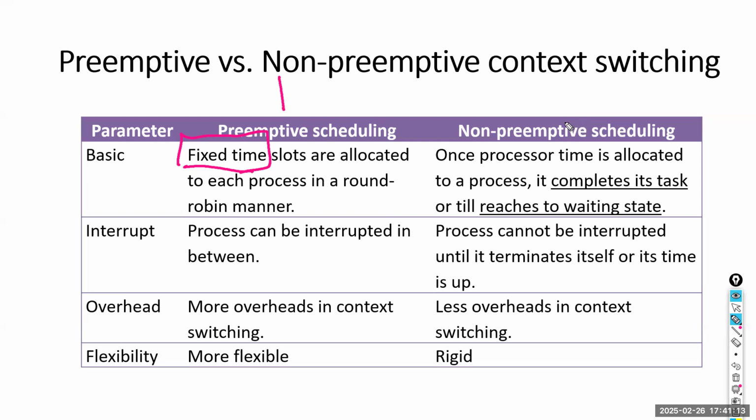But if it is non-preemptive, when the processor gives attention to a particular process, it lets it finish, complete the task, or due to error it terminates. Or it will let it run until there's a waiting situation like user input and so on. Because if there's user input or user interaction, attention will be given to another process, otherwise you are wasting the computing resources.